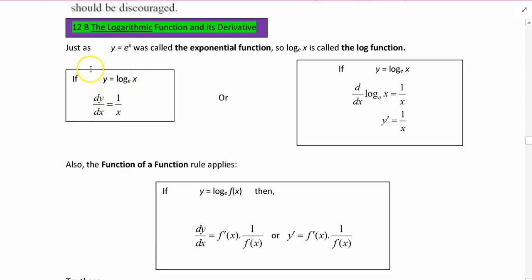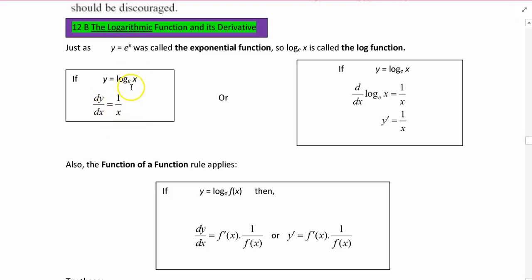But when we talk about the calculus of the log function, there is only one base that we study the derivative of, and that is when the base of the log is this number E, this 2.7183, blah, blah.